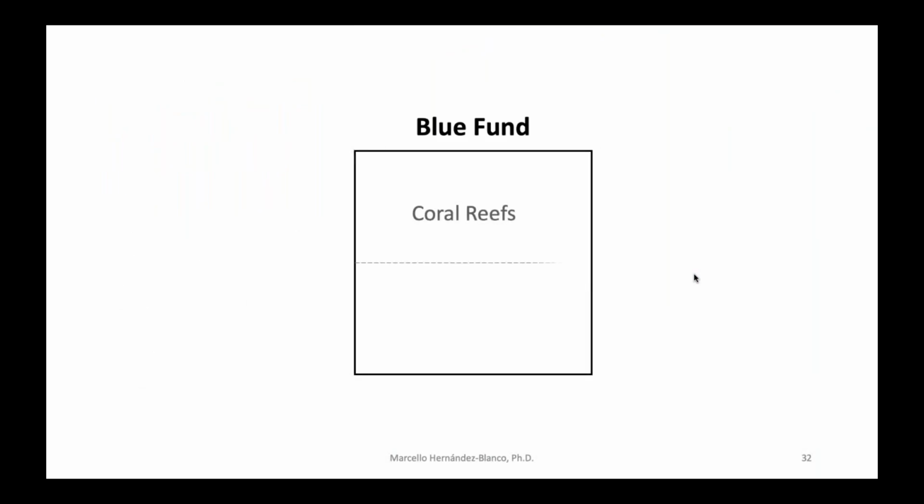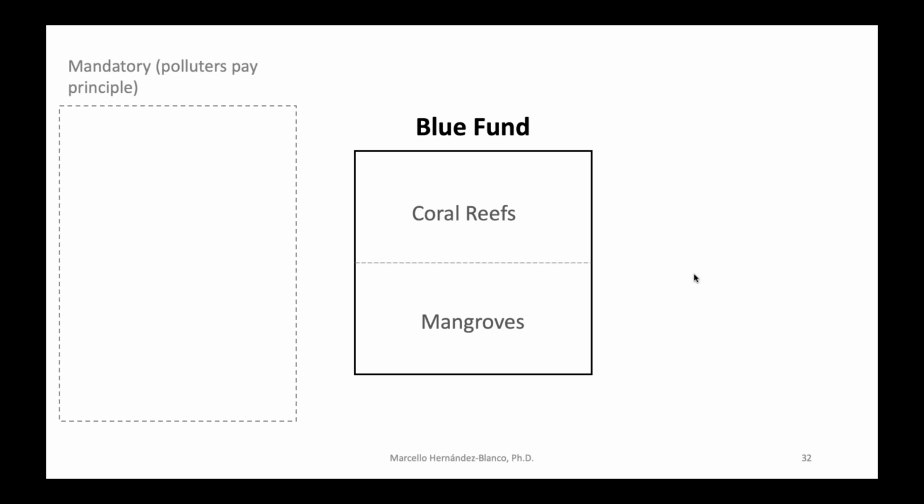So if we focus the Blue Fund on coral reefs and mangroves, on one side, you could have the sources which would be mandatory to pay under the polluters pay principle, for example. And these are not the only ones that we can have. It's just, again, a matter of illustration.